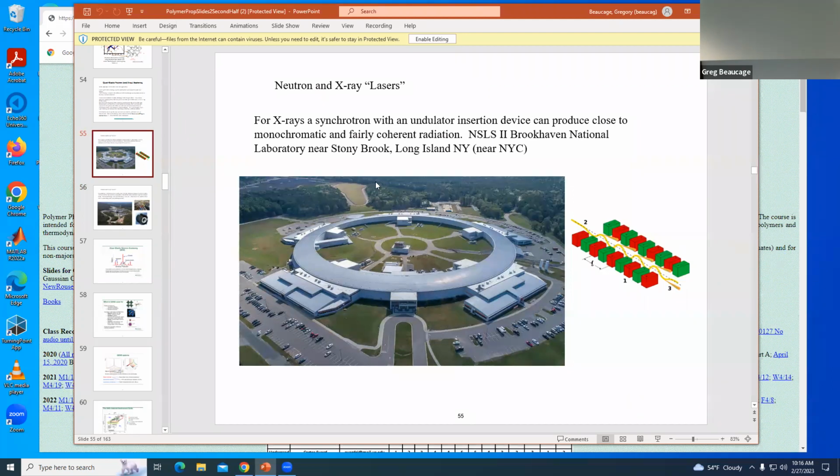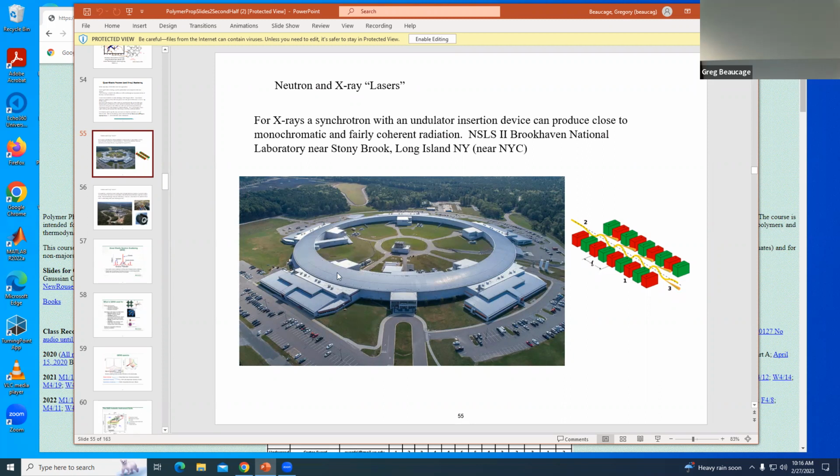The neutron facility has probably about 10 instruments in it. And if you go around this ring, it's a mile around, the diameter is a quarter to half a mile or so. You can see the cars.